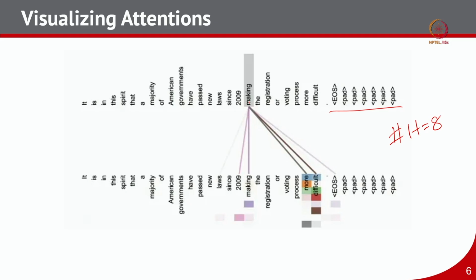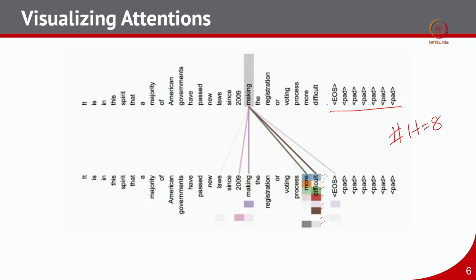When we say different contexts, that means we see the values for different heads. You see that there are many colors, some colors are bright, some are not so bright, some are not at all visible. So making this difficult has many colors which are visible. These colors are nothing but the output of different heads.